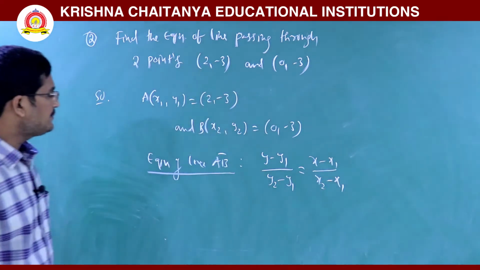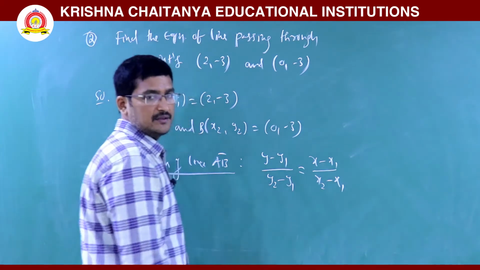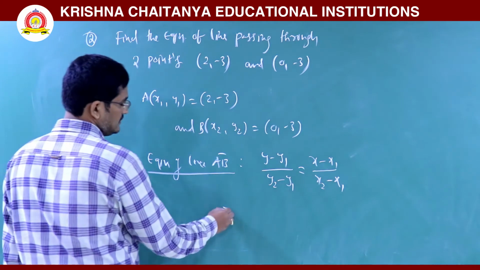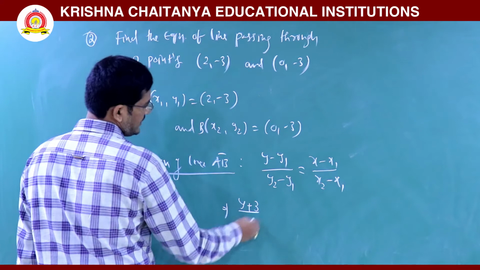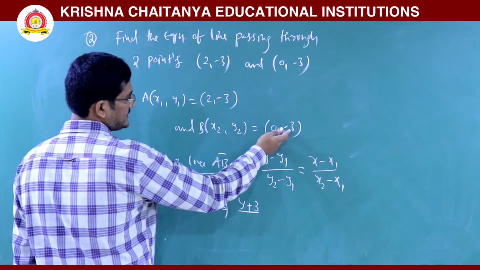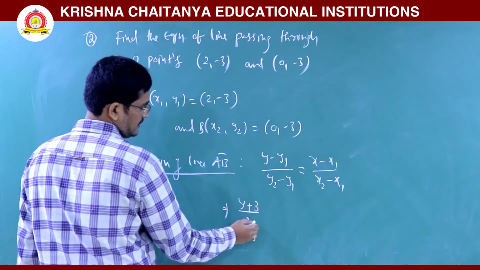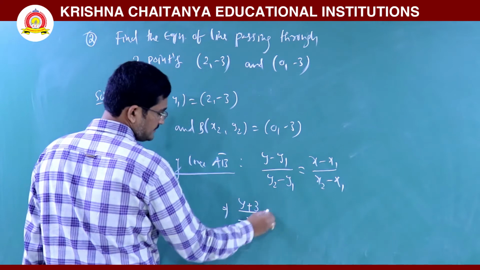To get the straight line passing through A and B in the coordinate system, we have to use this formula. Y minus y1 is y plus 3, by y2 minus y1, which is minus 3 minus of minus 3, that is minus 3 plus 3.